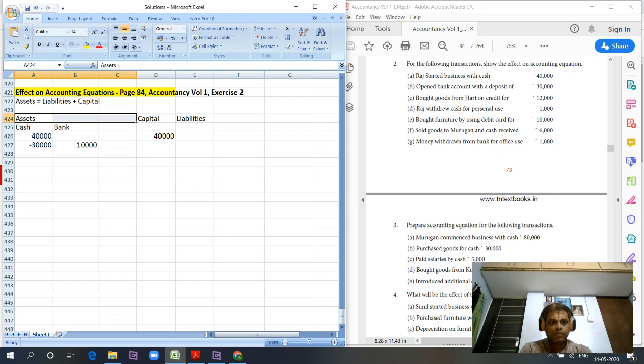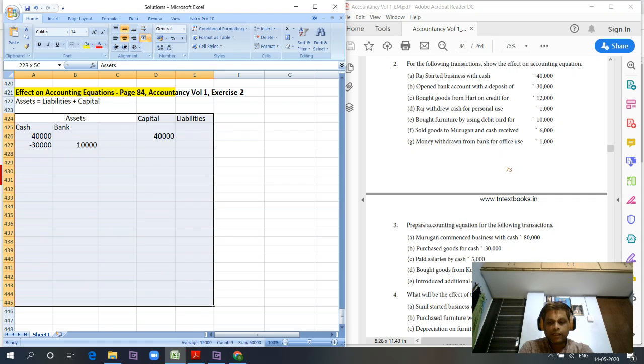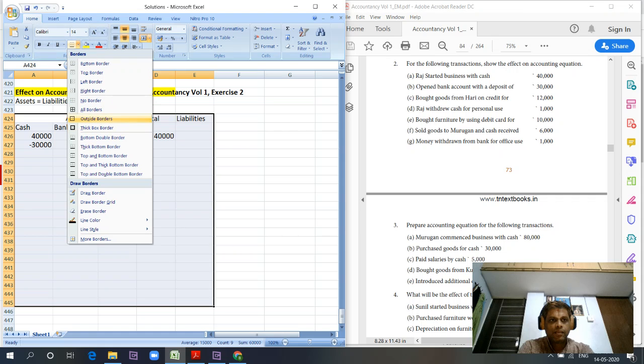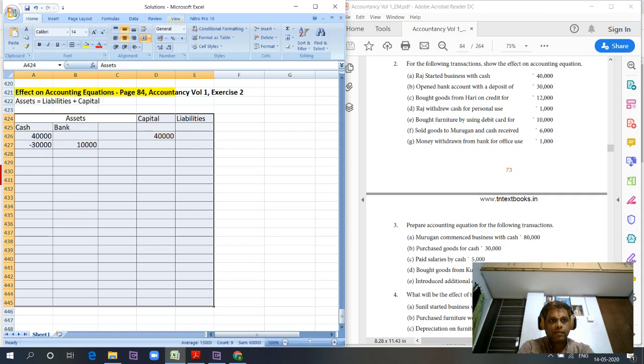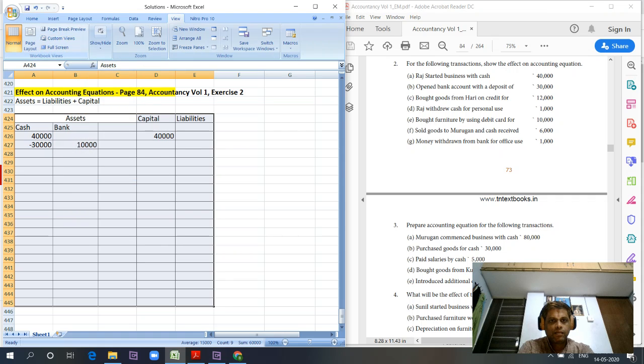I'm merging this for easier reference. I'm putting a column also so that we understand this better. I'm removing the grid lines.